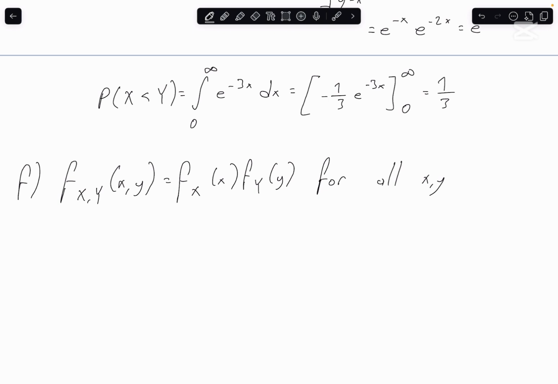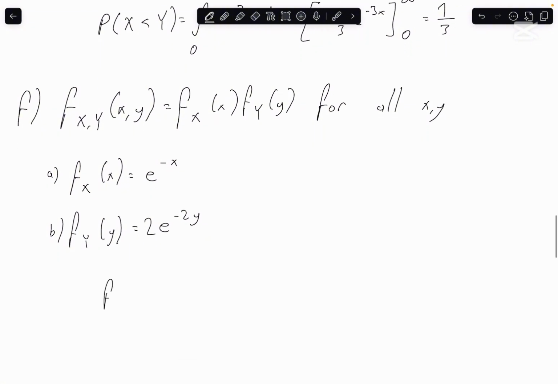From part A, we found the marginal of x equals e to the power of minus x, and from part B we found the marginal of y equals 2 e to the power of minus 2y.